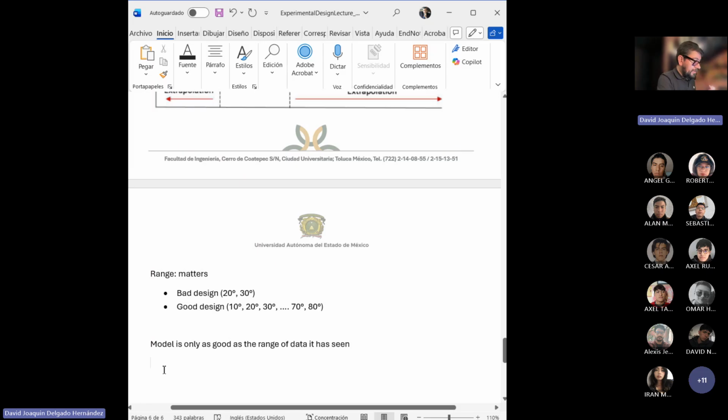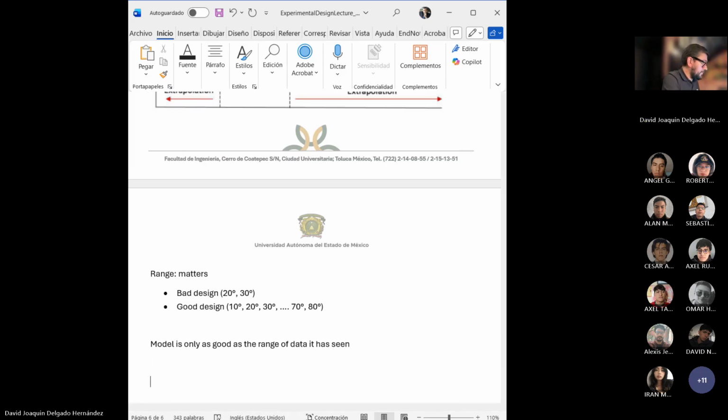What other point is important? So if you have levels too close, this is useless, as I said already. Useless data, okay?